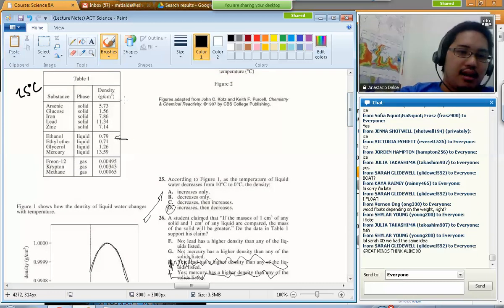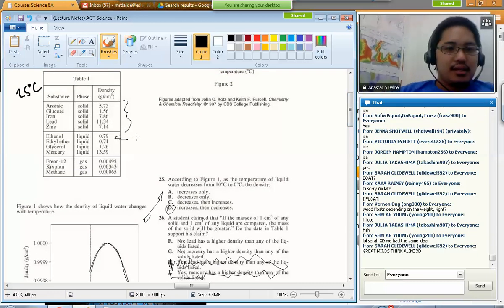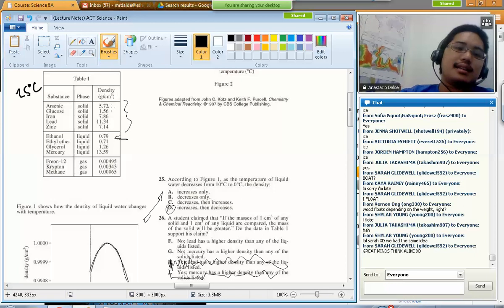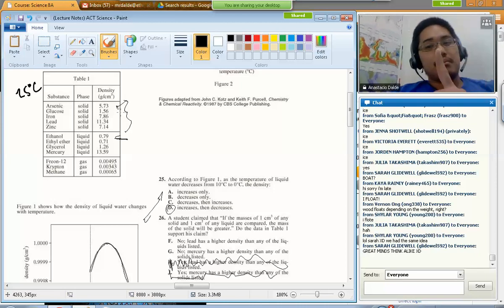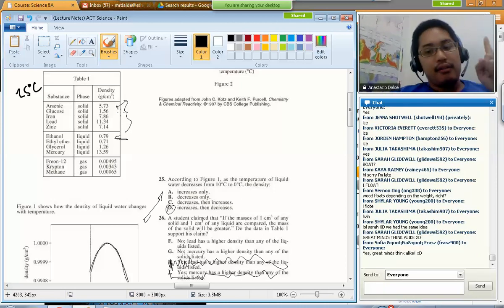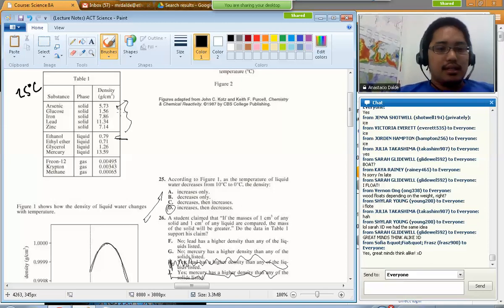Is there a solid over here? So this density is 5.73 grams per centimeter cubed. So if I had 1 centimeter cubed, how much would that weigh? About 5 grams, exactly. Okay, now I got a question. Would all of these solids be heavier than all of these liquids?